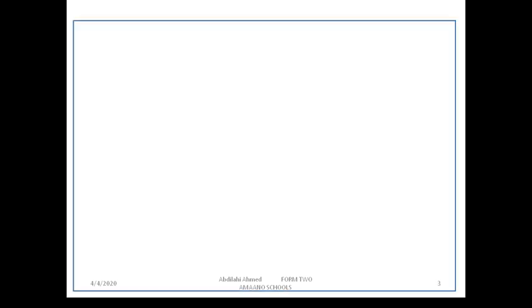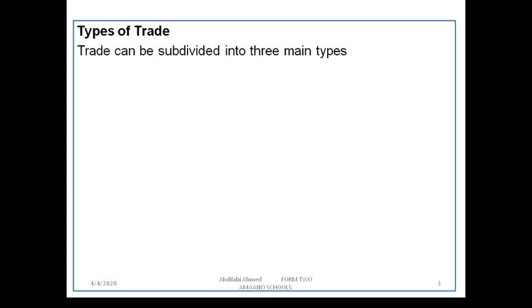The other important point of our lesson is about what are the main types of trade. The first type of trade is local trade. So now, what is local trade? Local trade is a trade between people in the same village. That's the most common ancient way to define it.